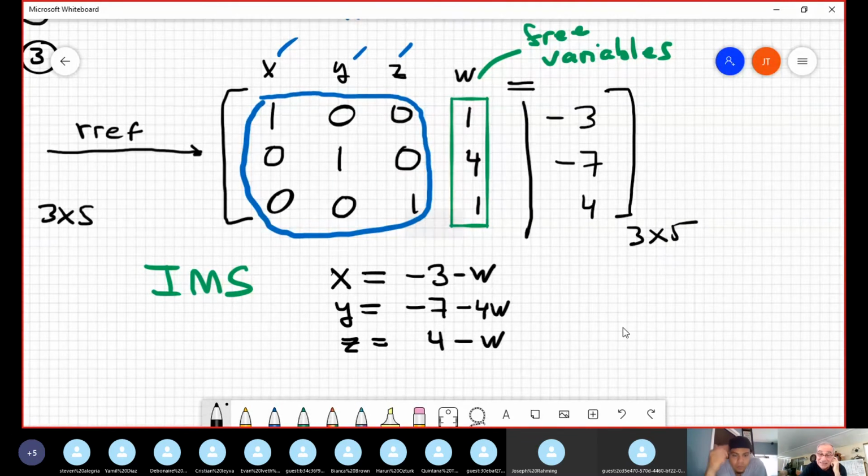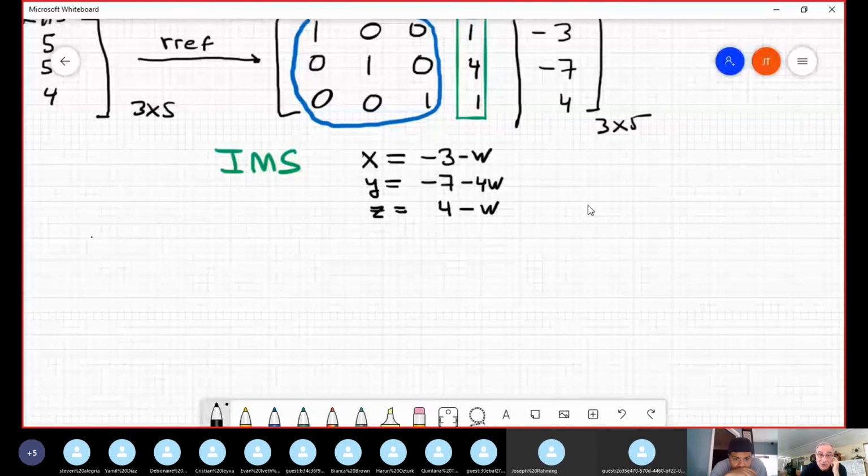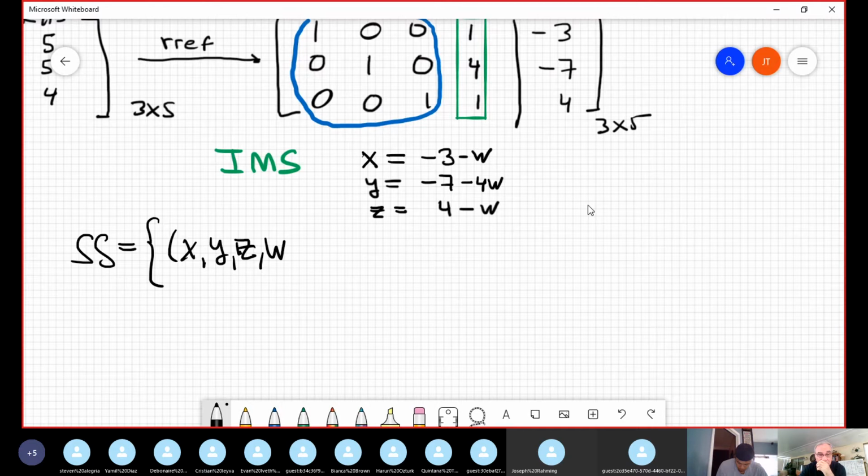Okay, then, what is the answer I need to see in the test? When you write like that, the solution set is equal to my solutions living in the Einstein space, that is X, Y, Z, W. Suppose W is in the Einstein space time. If it's time, it's not W, it's T, but I don't care. It's physics.